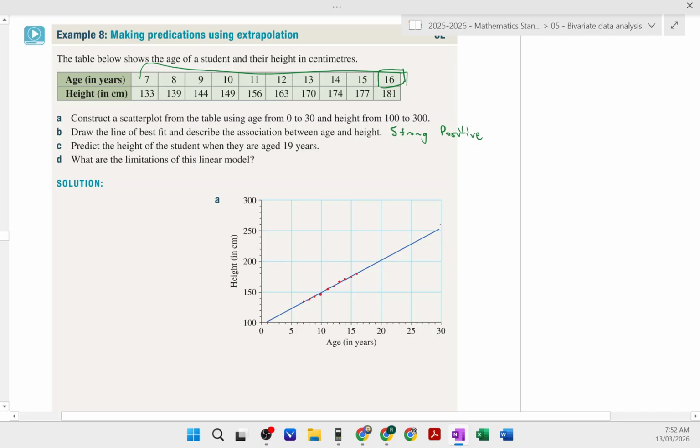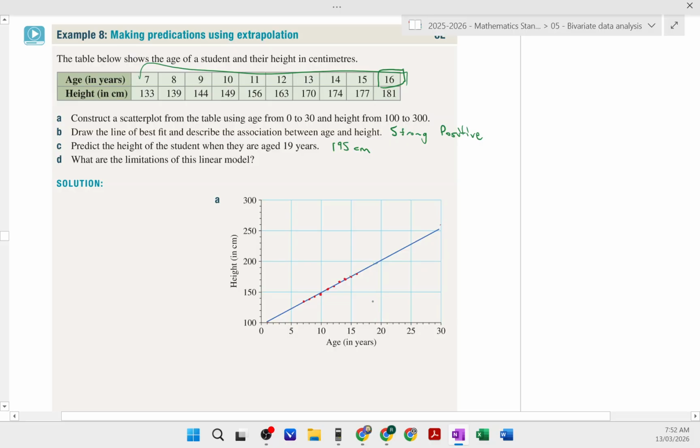So what we need to do is we need to go to 19, draw up till we hit it, and then come across like so. So I've gone in between about 190 and 200. So I would say about 195 centimeters is what I would get. If you had a line that went up a bit higher, so if I go right up, bang, and it came across, 200 would be fine as well.